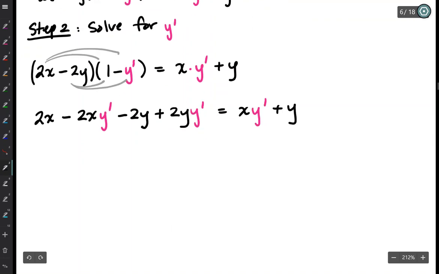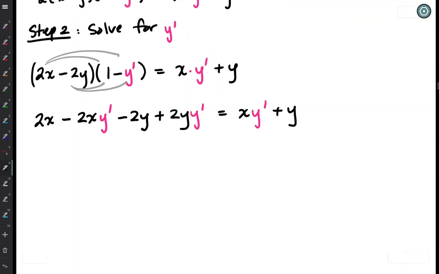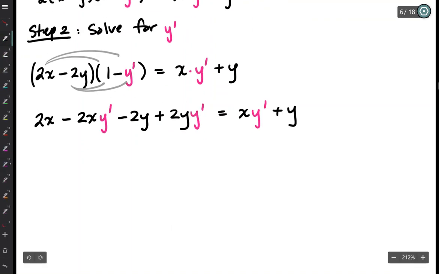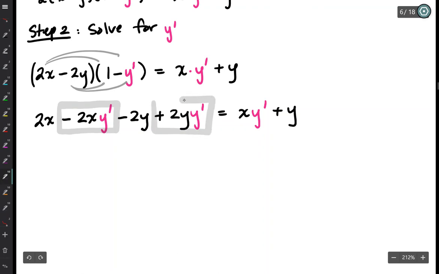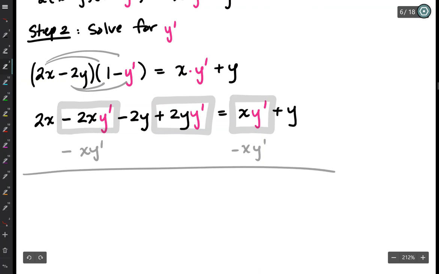All right. So now I need to get all the y primes on one side of the equation. I am happy with this guy being here and this guy being here, but let's go ahead and subtract x y prime from both sides. Minus x y prime, minus x y prime. Notice that we have some like terms when we do that.